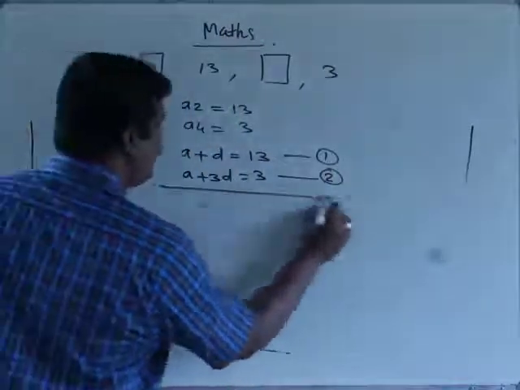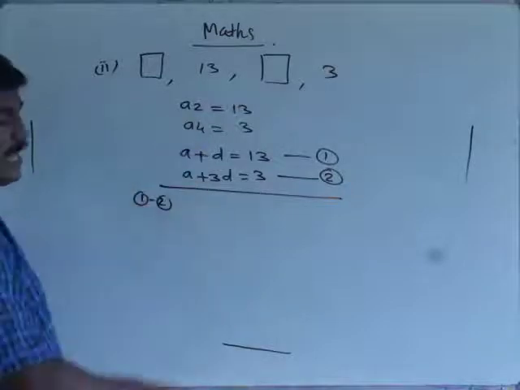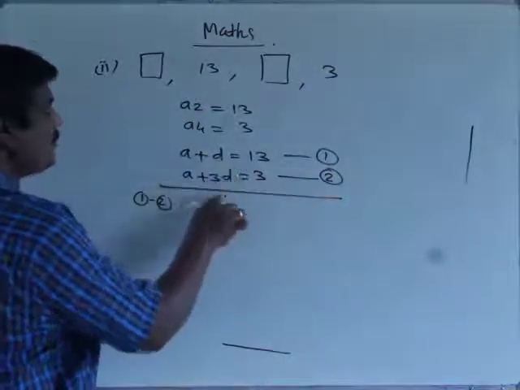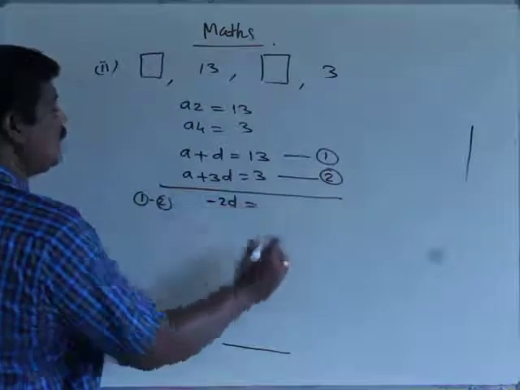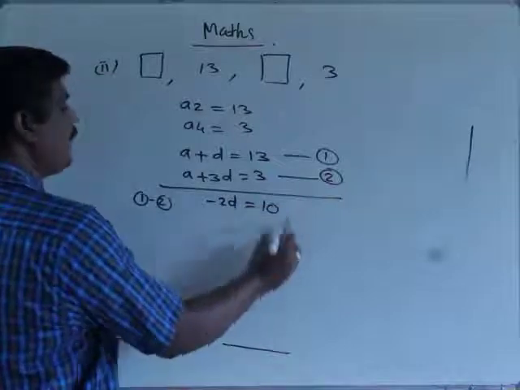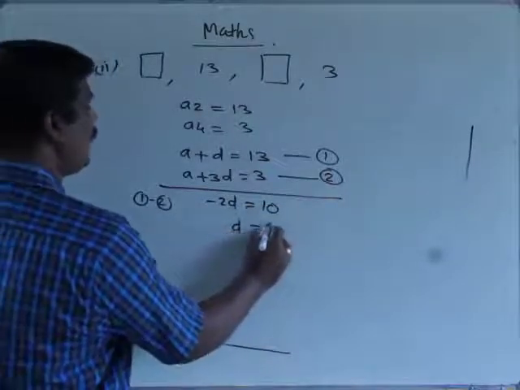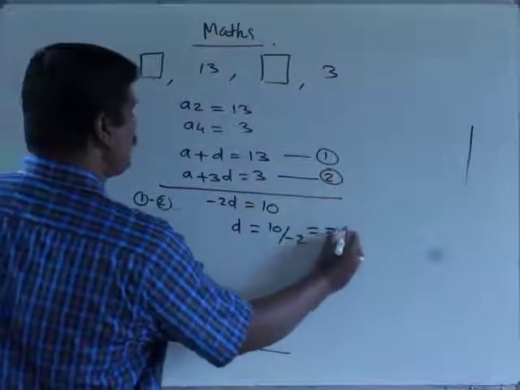So using the elimination method, we do equation 1 minus equation 2. Then a is eliminated, a minus a is 0. d minus 3d is minus 2d, equal to 13 minus 3, that is 10. Then d is equal to 10 divided by minus 2, that is minus 5.